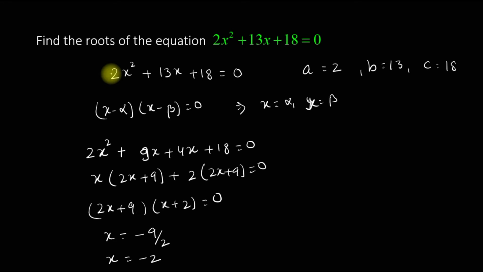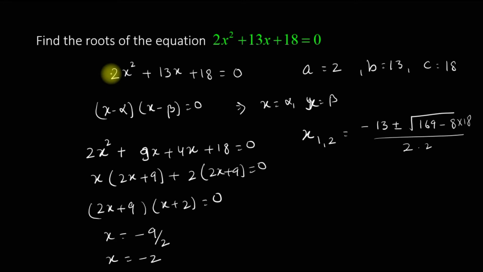Now these roots can also be found by using the direct formula, that is x1,2 is equal to minus b plus minus under root b square minus 4ac, divided by 2a. So here minus b is minus 13, b square is 169, minus 4 into 2, that is 8, into 18, divided by 2 into a, that is 2.